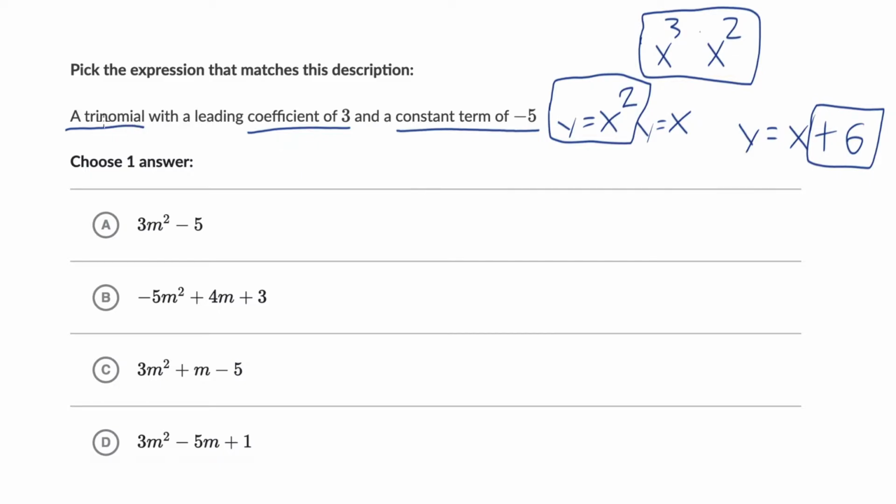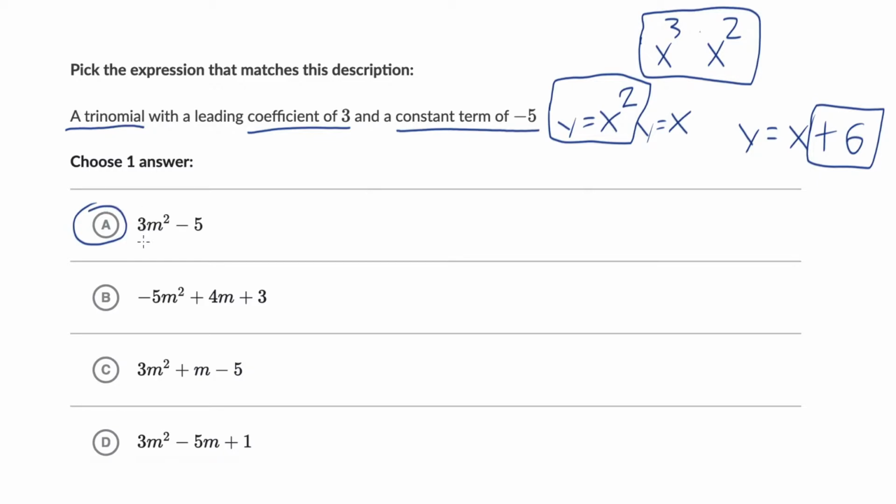So it's asking us for a trinomial, meaning there are 3 terms, okay? Let's look at our answers below and see which ones have 3 terms in them. Tri means 3, kind of like tricycle. If you know chemistry, then you know tri means 3. Okay, so let's look at A right now.